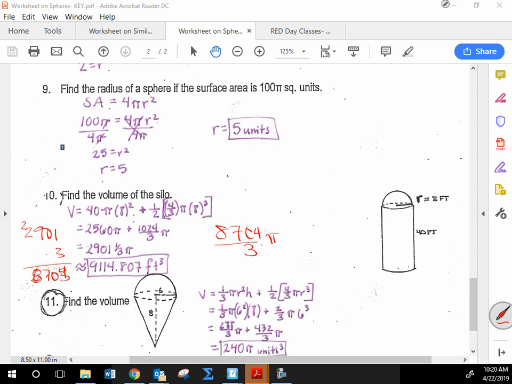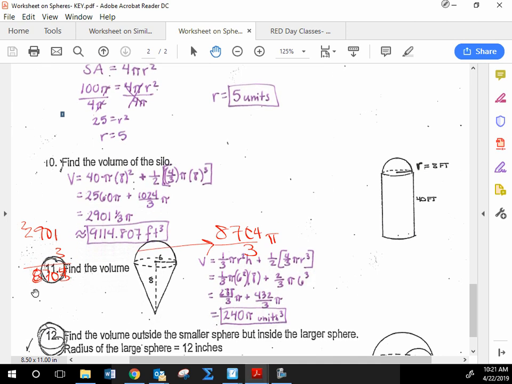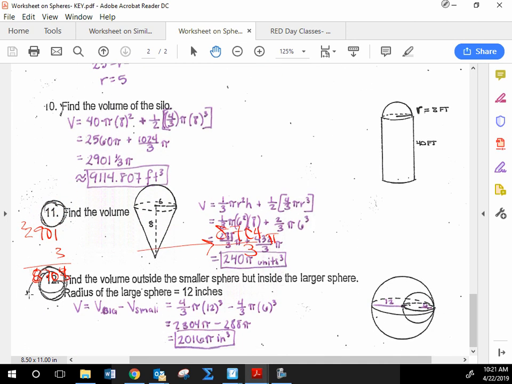So if you would have left this as an improper fraction, you would have got that. Okay, so this is with the pi actually multiplied out. You had 29.01.3 for keeping the pi. And then 11, you didn't have to do. And then 12.